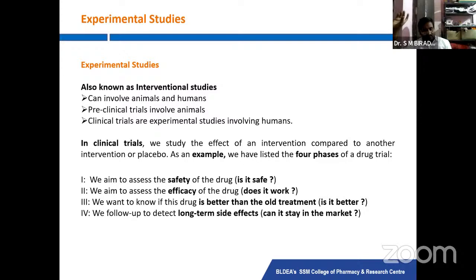It should be an improvised version, the latest, or very advanced compared to the previous one. Then the fourth one, when it is given to the general public, over a larger population or a longer period of time, whether it is safe or not. These are the different phases of clinical trial for any investigational product we conduct.